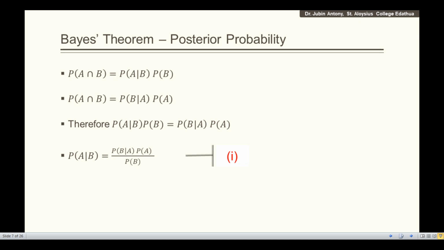Next, we will write probability of B, that is the marginal probability, as a sum of joint probabilities.